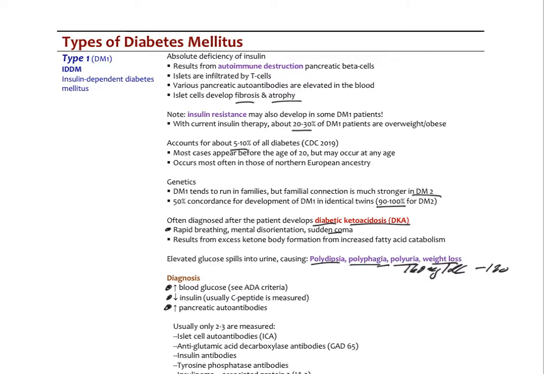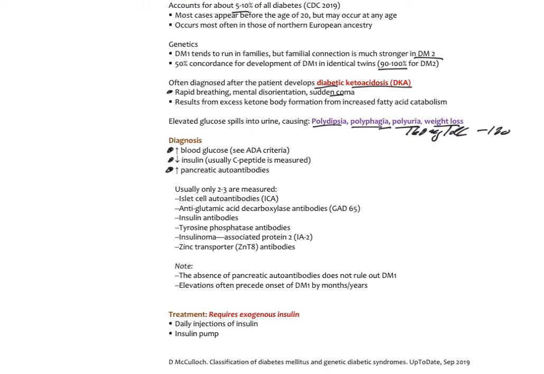Usually we only measure 2 or 3 of these autoantibodies. The most typical ones would be islet cell autoantibodies, ICA, the anti-glutamic acid decarboxylase antibodies, GAD65, the insulin antibodies. So those would probably be the most common, these first 3. And then less common would be tyrosine phosphatase antibodies.